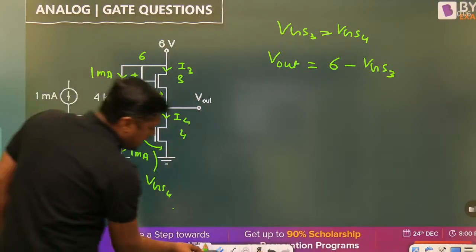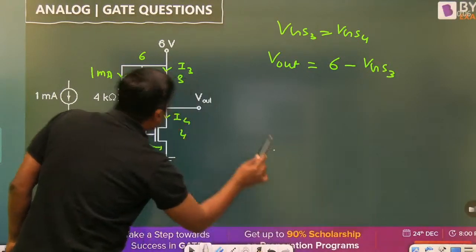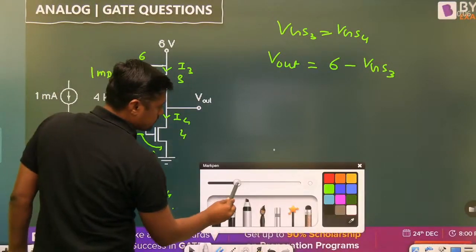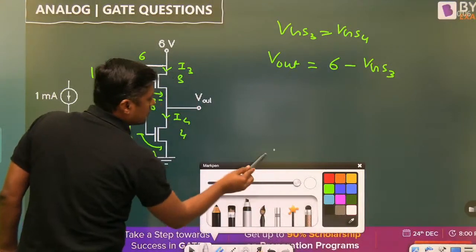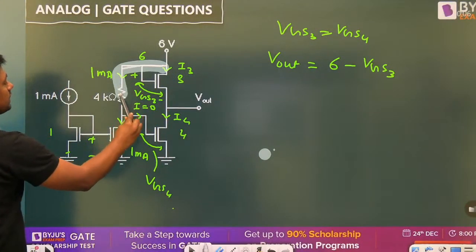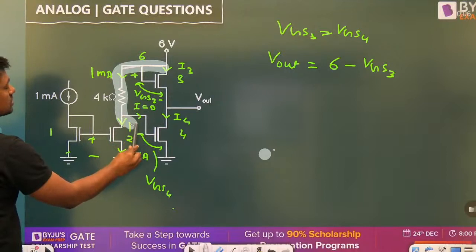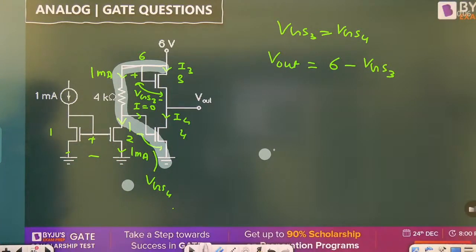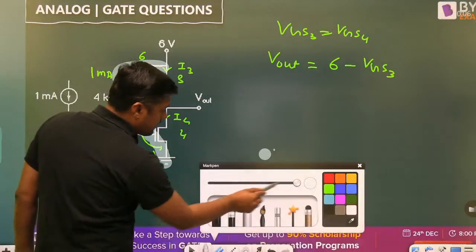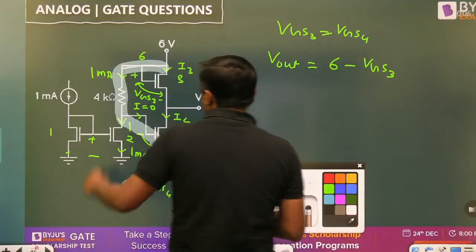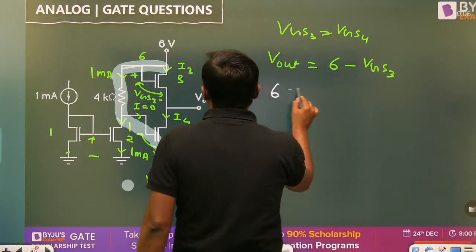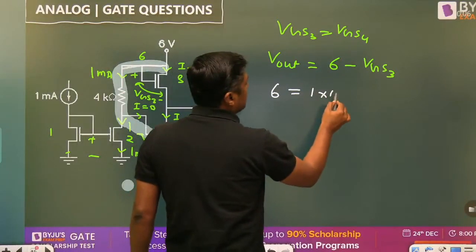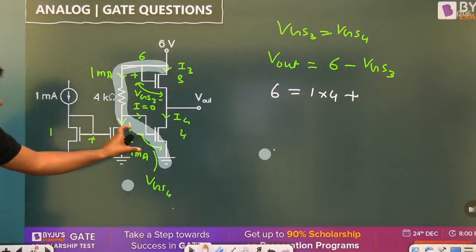Write the proper KVL from this point to this point. Then I will get the idea. What is the answer here? 6 is equal to 1 into 4 plus VGS4.